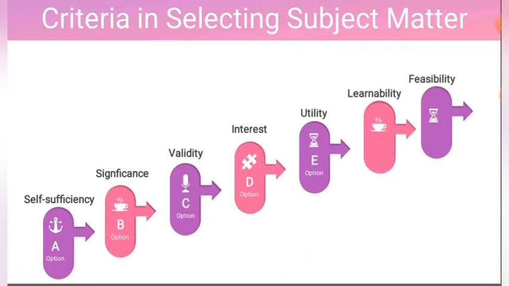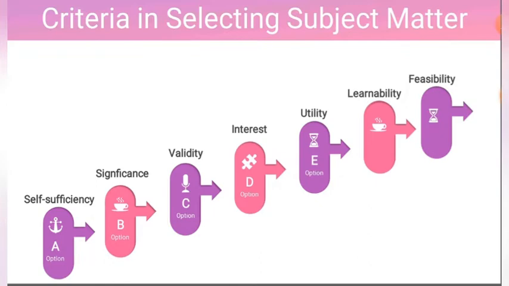First one is self-sufficiency, which is the prime guiding principle for content selection, helping learners to attain maximum self-sufficiency in learning, but in the most economical manner. Next criteria is significance.